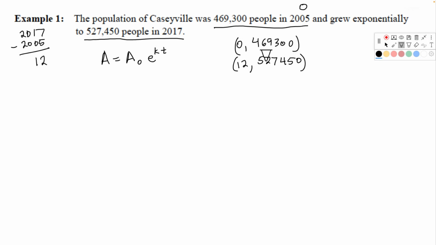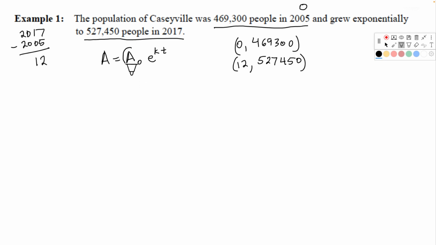The benefit of calling 2005 year 0 is, where are we going to see the value 469,300 in the formula? A naught. Good. So that's going to go right here because that's our starting value. We made it our starting value, and we typically will do that.